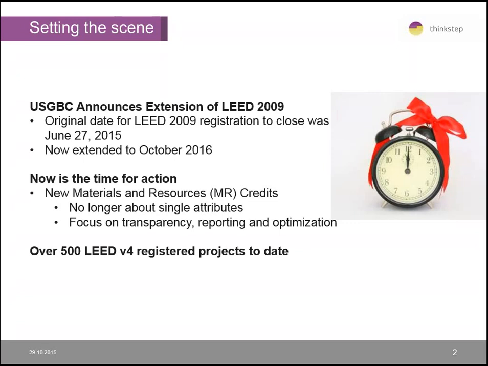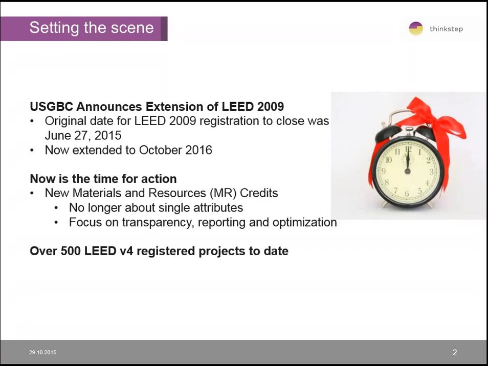First, I just want to set the scene. Again, as many of you know, USGBC is changing the way that materials are rewarded within the LEED rating system. So this comes with a shift from LEED 2009 to LEED V4. And the materials and resources section is basically being overhauled.